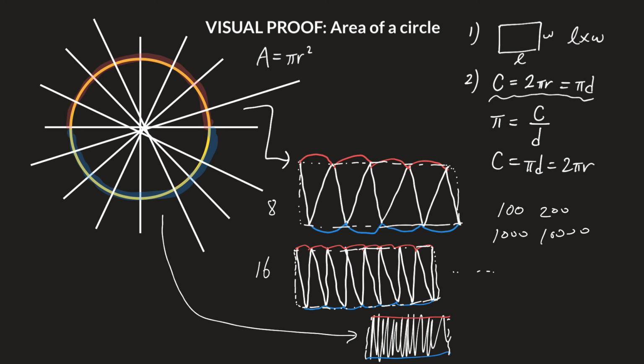And what is the area of this rectangle? What is this width? Well, that's simply the radius, isn't it? And what about the length? What is the length of this rectangle?